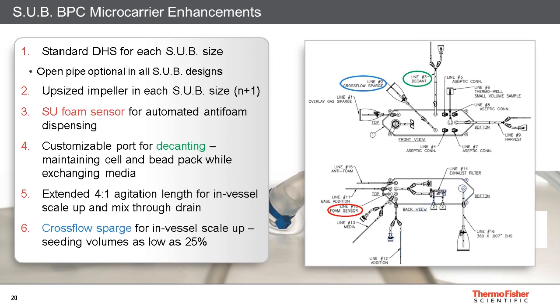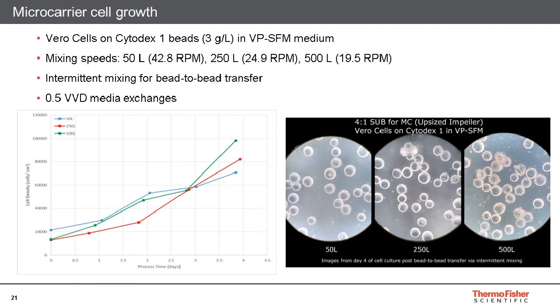And what we see there is that there tends to be a gradient and a CO2 accumulation just on top of the liquid volume, which is hard to remove when you only have an overlay aeration from the top of the bioreactor. So the cross-flow sparger allows us to really clean up any buildup of carbon dioxide on top of the liquid, and keep everything properly aerated.